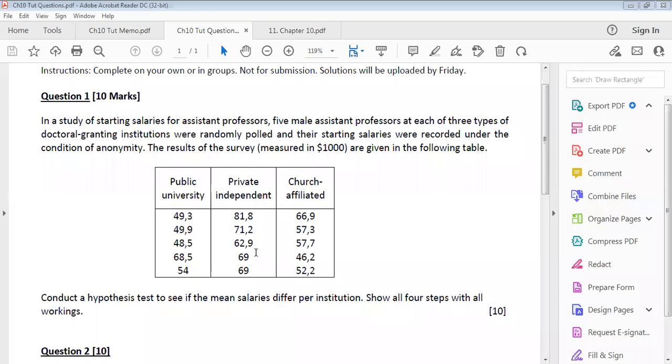Okay, so they're asking you to find the hypothesis. So first, the first thing you need to do is to find the sums. All right. So the sums of that.